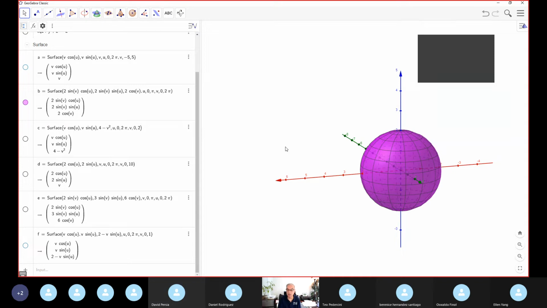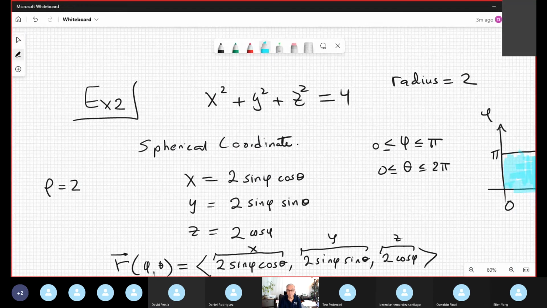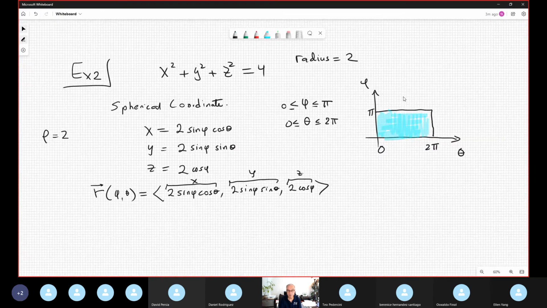Let me try one more example, and that's it. We continue Friday with the parametrization and the application of this. And the application. Example, okay, I go to the whiteboard.